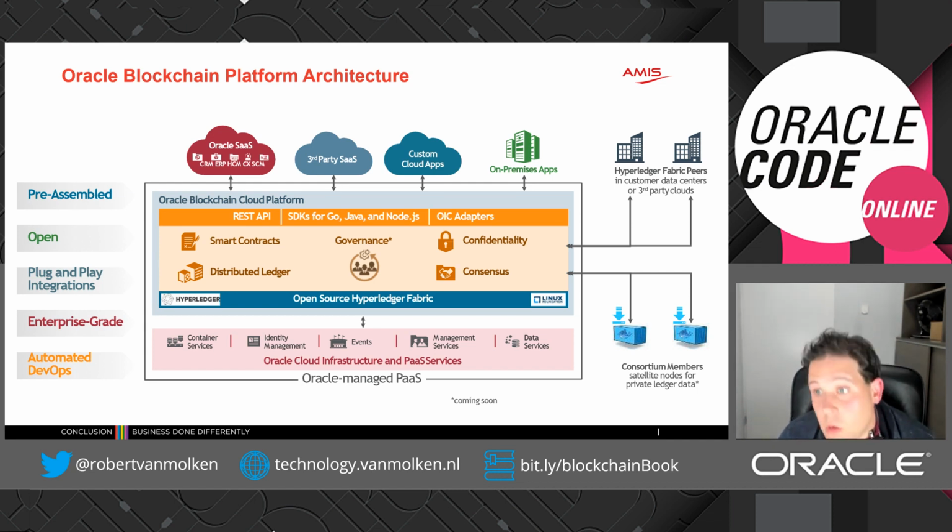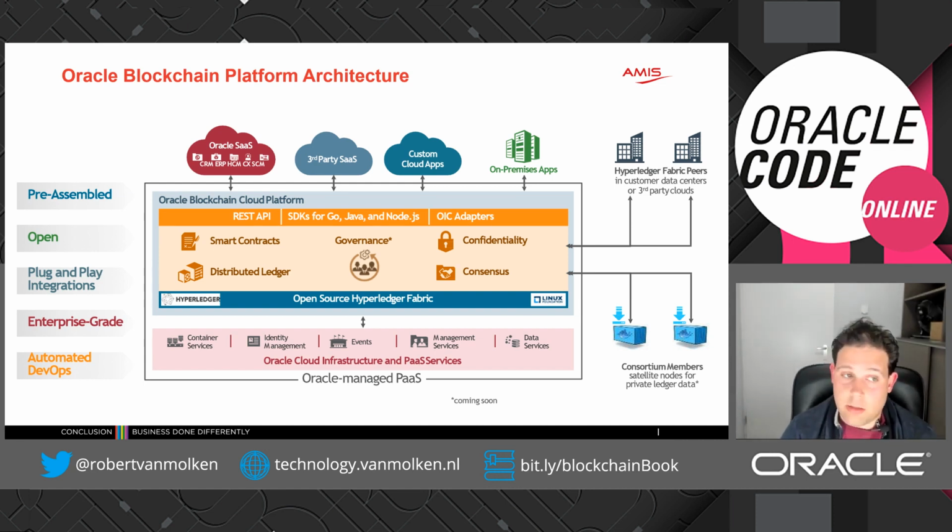You are able to connect Hyperledger Fabric peers itself, so the standard Hyperledger Fabric peers that maybe are running on a third-party cloud like Amazon or Azure or even on-premise. And then this year they also will provide satellite nodes, which are separate nodes you can install, so you don't need an environment.